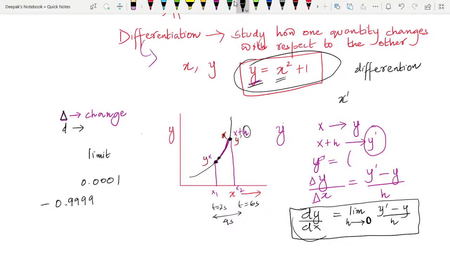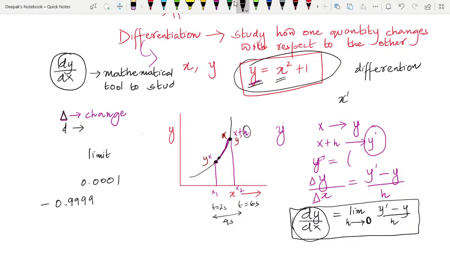So dy dx is a mathematical tool to study how y changes when x changes, okay. This is a mathematical tool, understand?